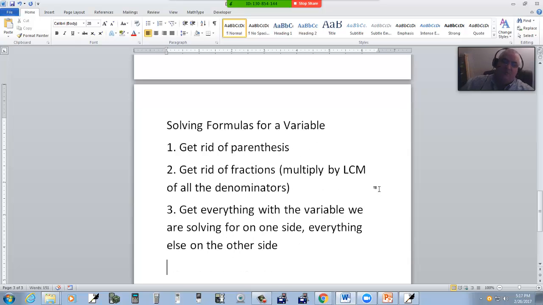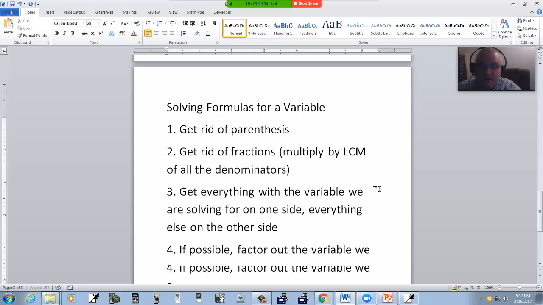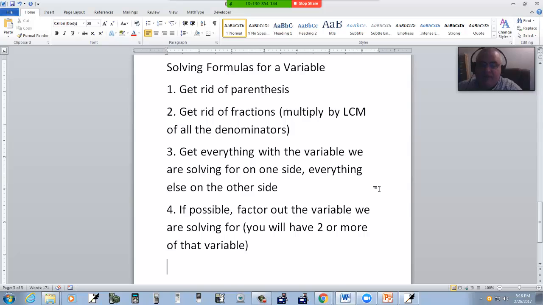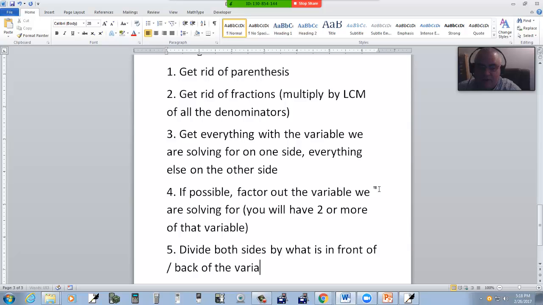Now those are going to be terms for the most part, but they don't have to be. As you get into more complex formulas, you might have items that are not terms. That's why I like to use this wording. Step 4, if possible, factor out the variable we are solving for. You will have 2 or more of that variable. And step 5, divide both sides by what is in front of or back of the variable we're solving for.